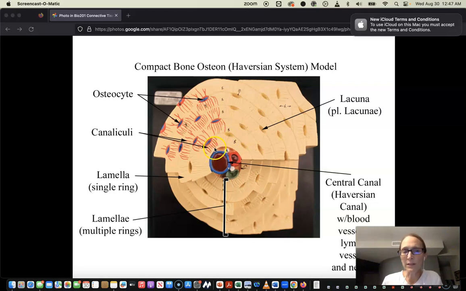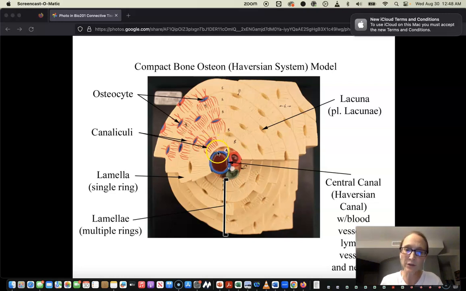Now, remember we talked about how to get nutrients, because this matrix is a nice, hard, dense matrix that makes up bone. We have to be able to get nutrients to these osteocytes because they are living cells. So to get nutrients and oxygen, and also to bring wastes back, we do that through these little cellular extensions, and there are little canals in which those cellular extensions run, called the canaliculi.